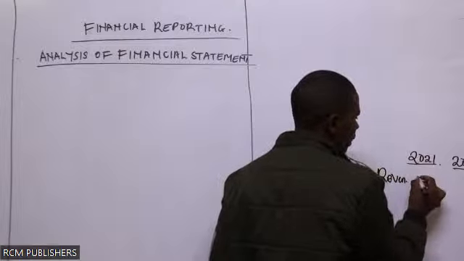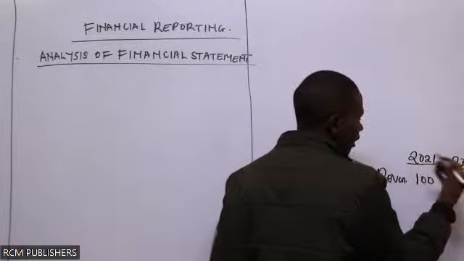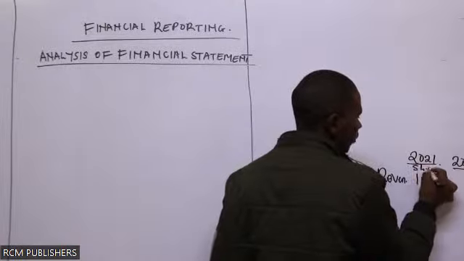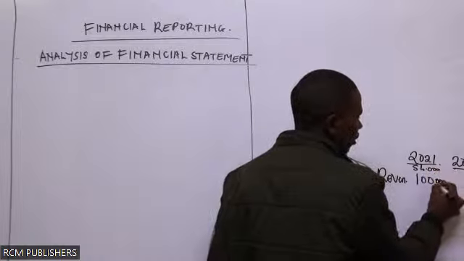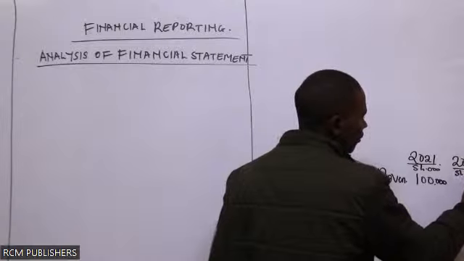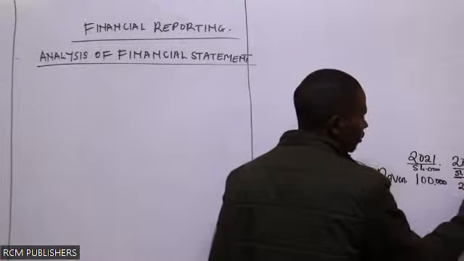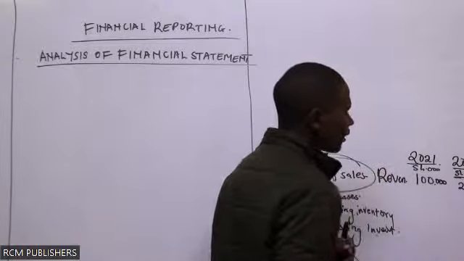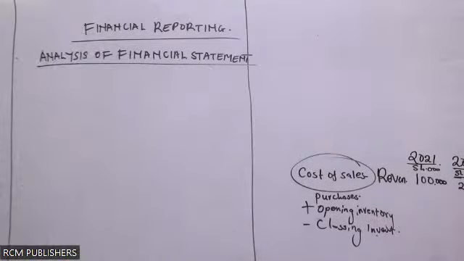Revenue 2021, I had a revenue of maybe 100,000, figures being in 1,000. And then in the year 2022, I had a revenue of maybe 200,000. Which year did our company perform well?